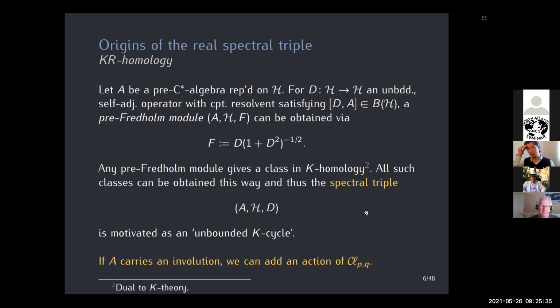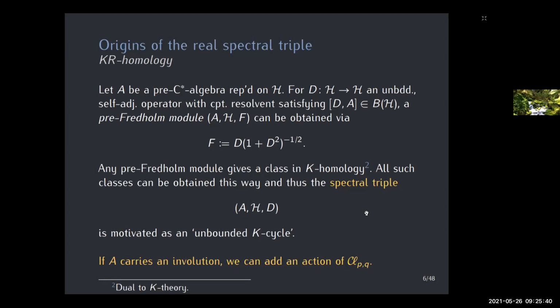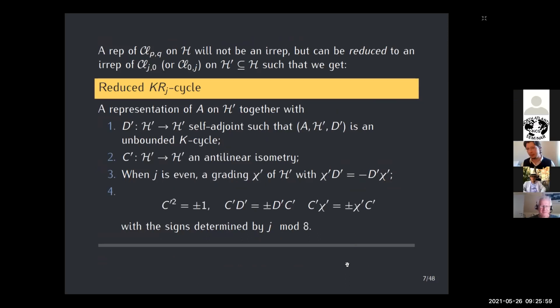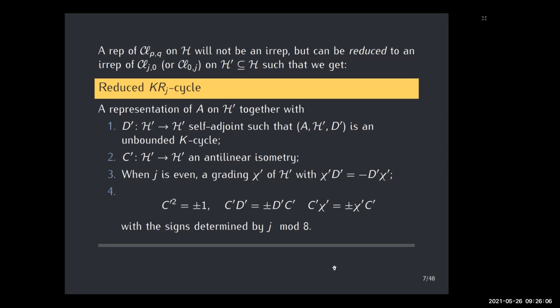Yes, so we can incorporate in certain occasions the action of the real Clifford algebra. And the idea behind this is more or less taking inspiration from what we've already seen. You want to use the fact that from the perspective of representations, the real Clifford algebras are just complex Clifford algebras with charge conjugation. And we want the charge conjugation to be implemented by some antiunitary.